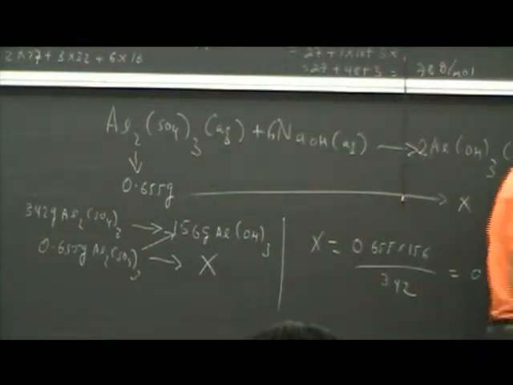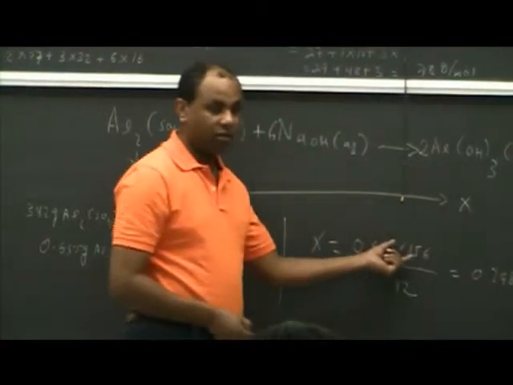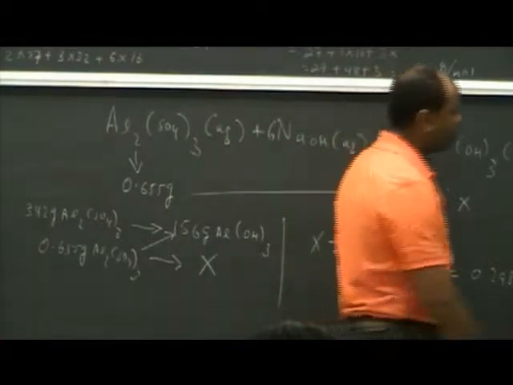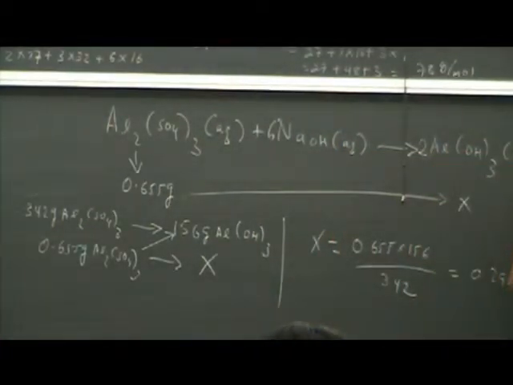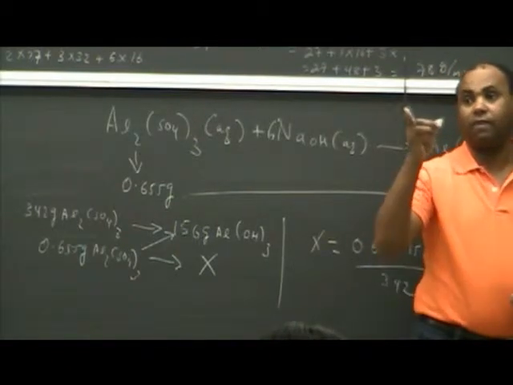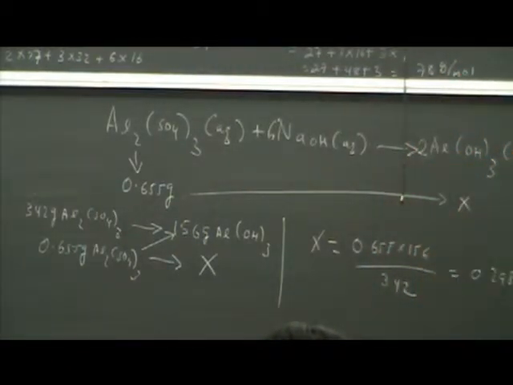Okay, that is if you multiply 0.655 times 156. Good. And divide this by 342, and you got 0.29. First, you multiply 0.655 by 156. You're supposed to get 102.18. Once you got that, you have to divide this by 342.